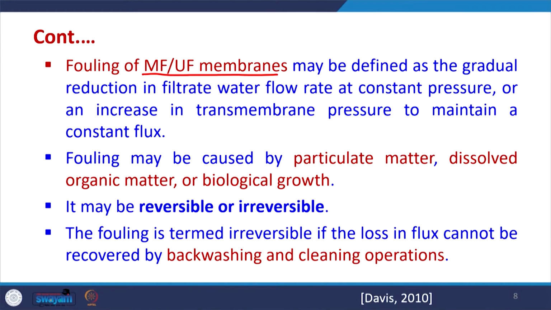Now, fouling of microfiltration and ultrafiltration membranes may be defined as the gradual reduction in the filtrate water flow at a constant pressure. That means, suppose we have this semi-permeable membrane and this is the treatment unit.